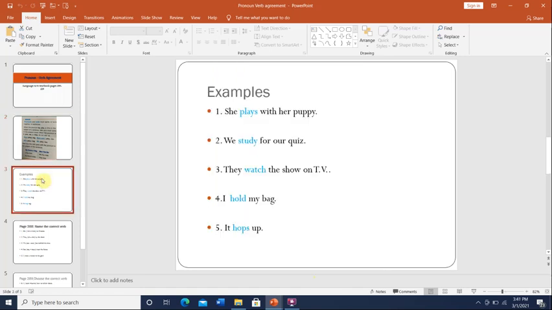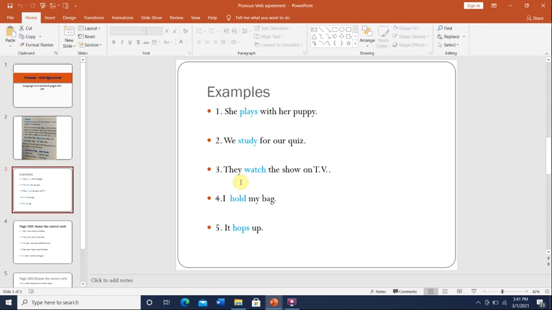Let's see some examples to keep in our mind. She plays. She refers to one girl or one woman, and we add an s. She plays with her puppy. We means you and somebody else. We study for our quiz. Here we began with we, and did not add an s to the verb.